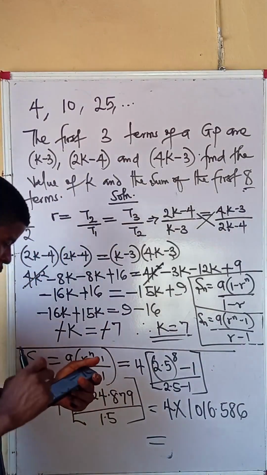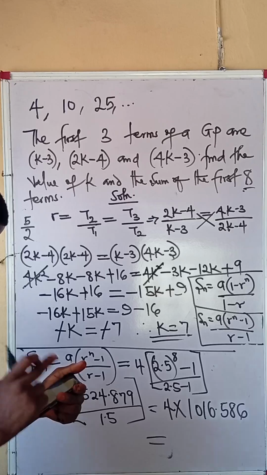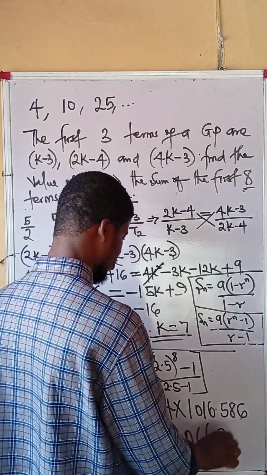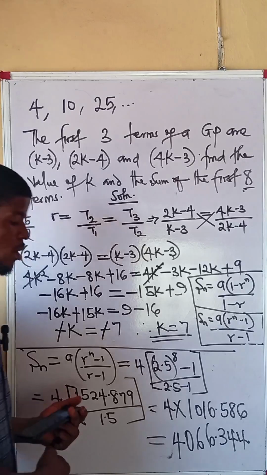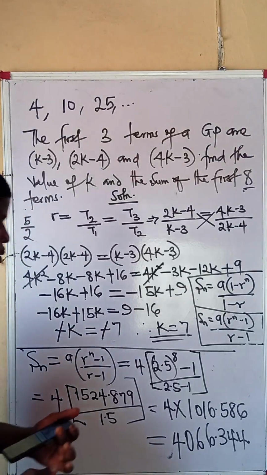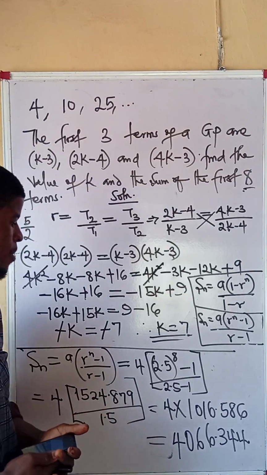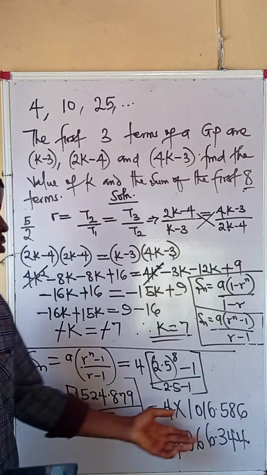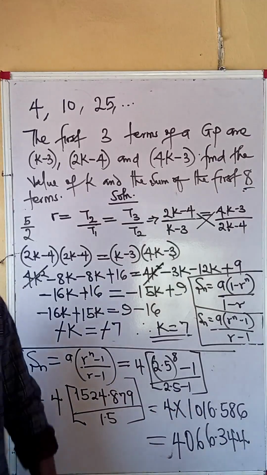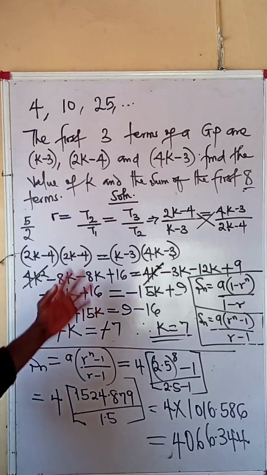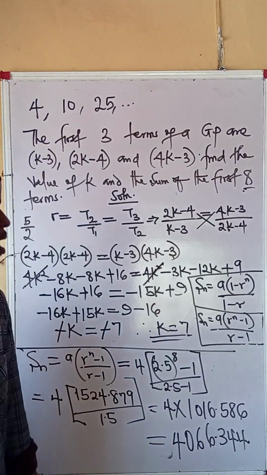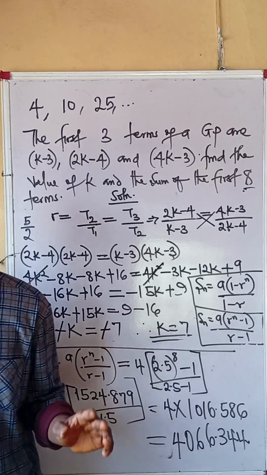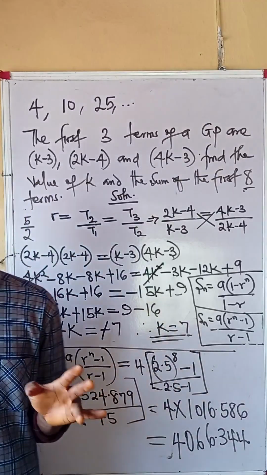Multiplying this result by 4 gives 4066.344. If I approximate this to the nearest whole number, it's going to be 4066. Let me leave it like this; you can approximate it if you are solving on your own. So the value of k for this sequence is 7, and the sum of the first 8 terms is this. That's how we handle questions like this involving unknown values.